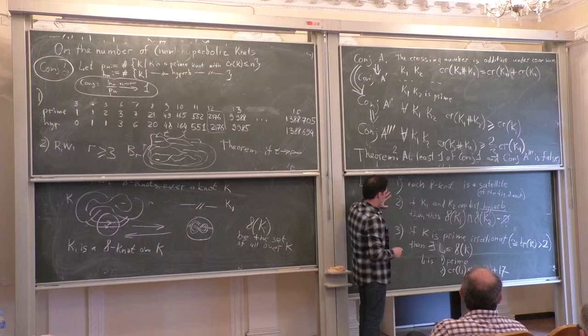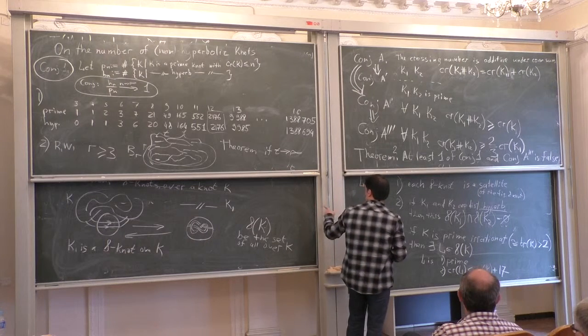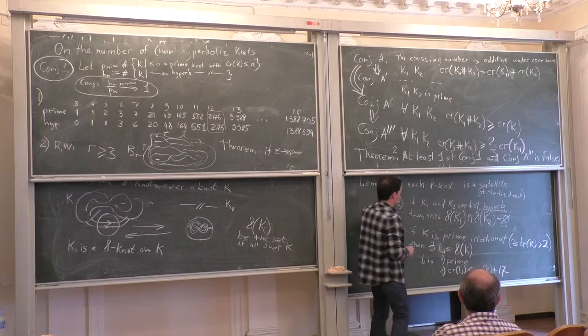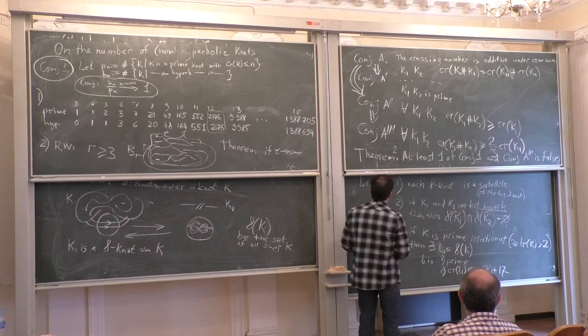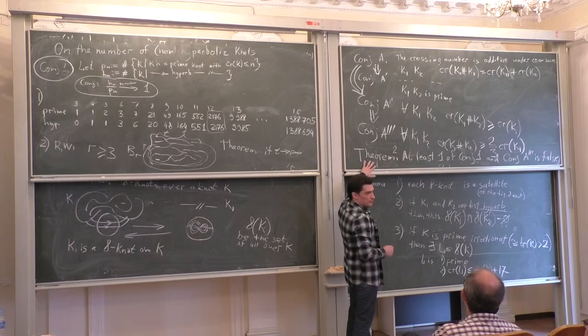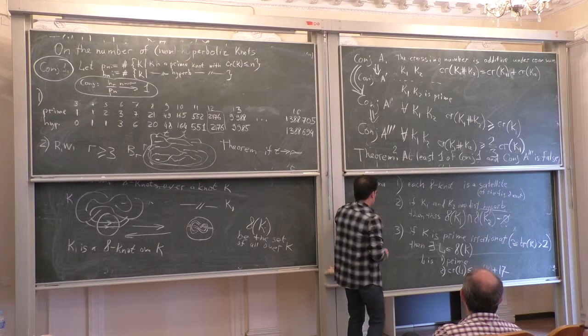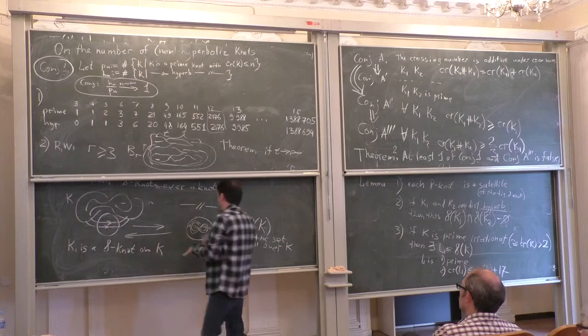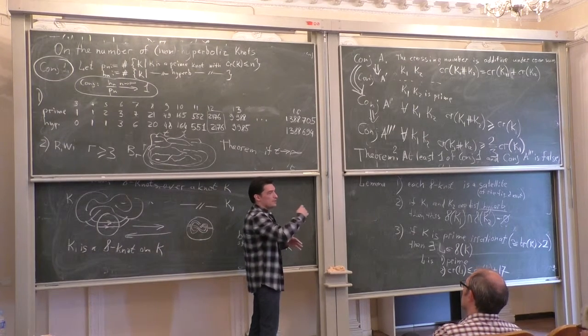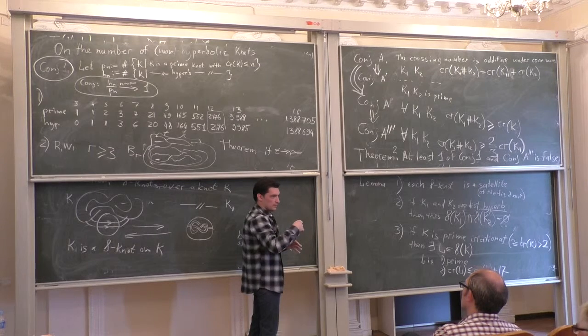This is my lemma about figure 8 knots. I proved first and second, then I will prove this one, and I claim that this lemma implies this theorem, because we know that the number of prime knots grows exponentially when n is large.